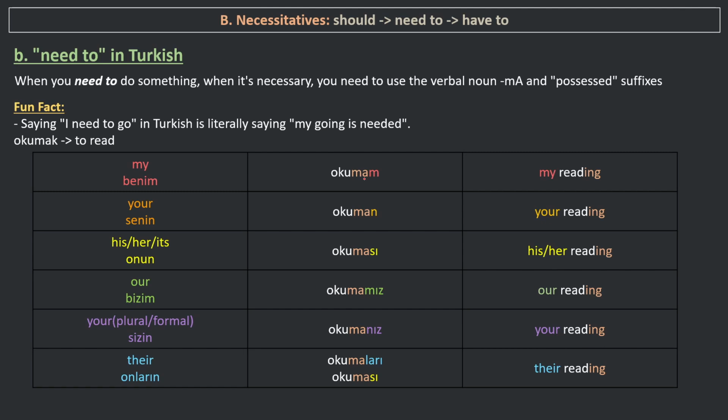And then for whatever your pronoun is, we have these genitive or, in more correct terms, possessive suffixes. Benim okumam gerek. My reading. Senin okuman. Your reading. Onun okuması. His, her, its reading.